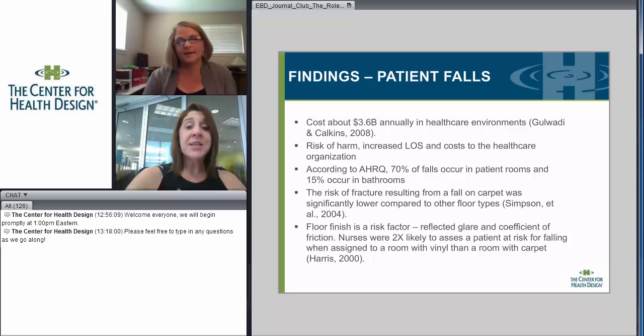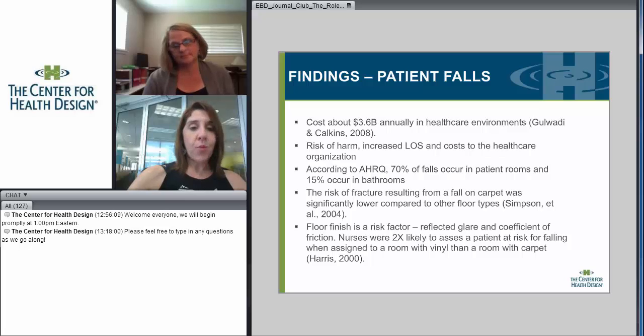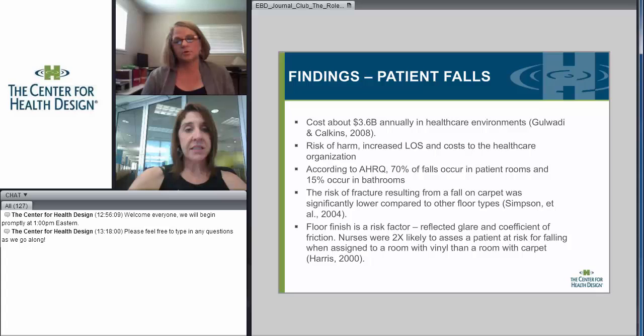Not only do falls cause tremendous problems for the patients, but it's also now problematic for the hospitals because of the reimbursement structure. Can you tell us a little bit about that?